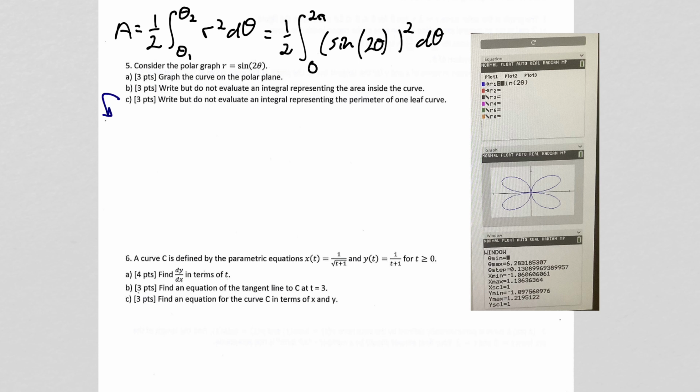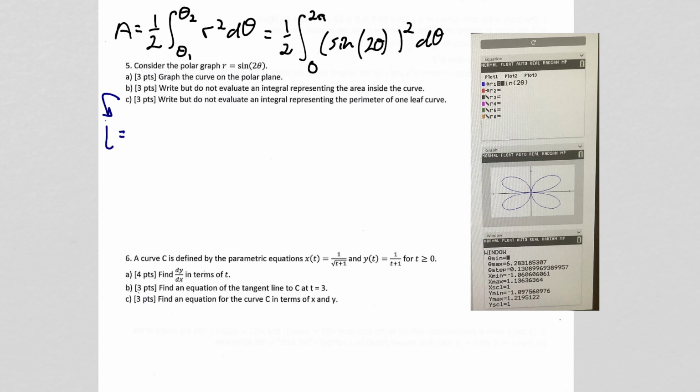If we didn't cover arc length or perimeter of one of these things, you can ignore this part of the video and then go check out some of the other ones. But I'm going to go ahead and do this in case I did cover it. So in polar, arc length, actually we'll just write L for length.